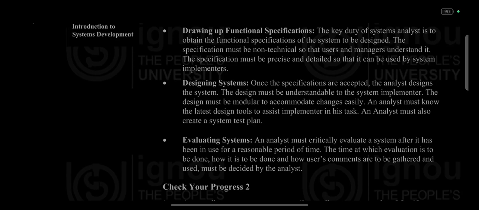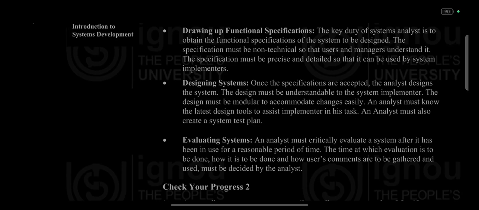The specification must be precise and detailed so that it can be used by system implementers.